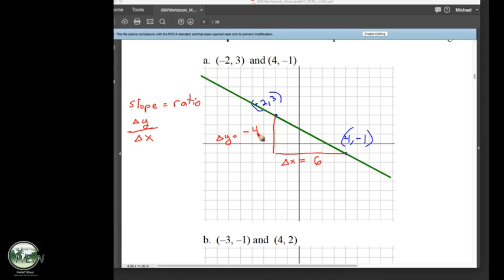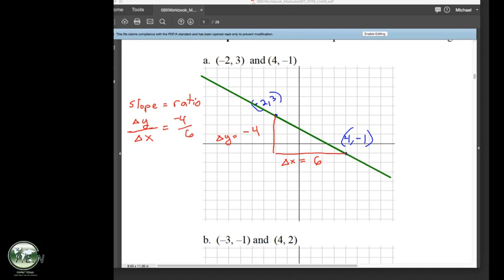And so it's going to be the change in y over the change in x. So simply put, it's going to be -4 over +6. That's our ratio. The only thing we're left to do is possibly reduce it if we can. Can we reduce that fraction?